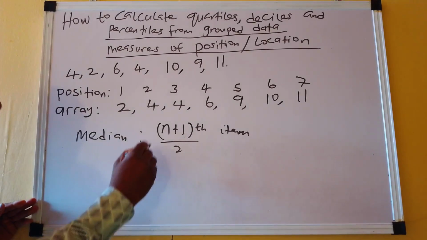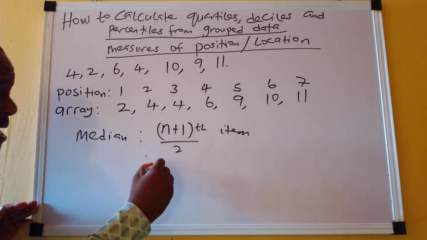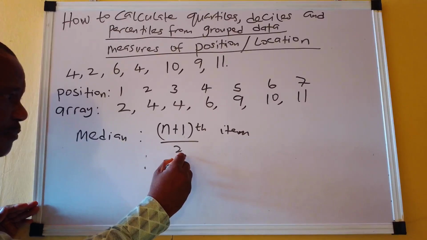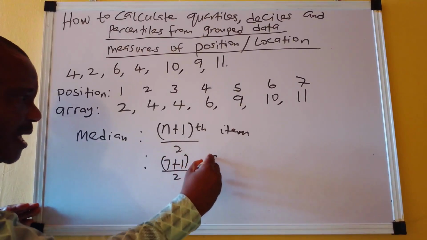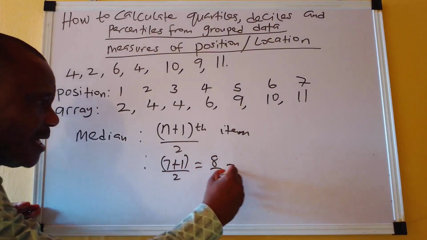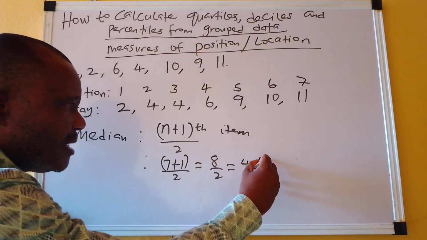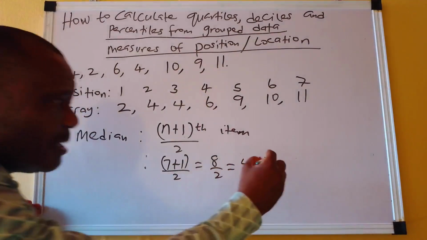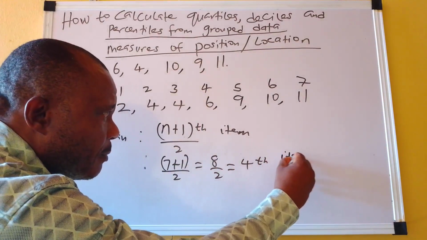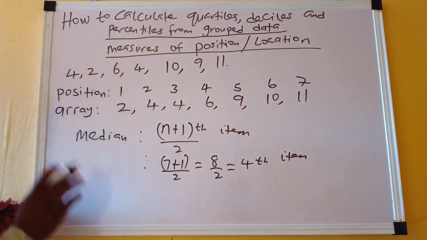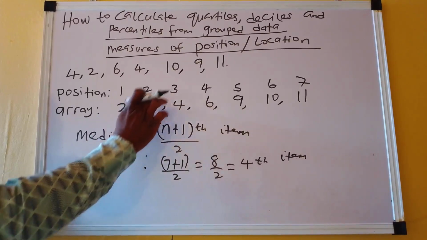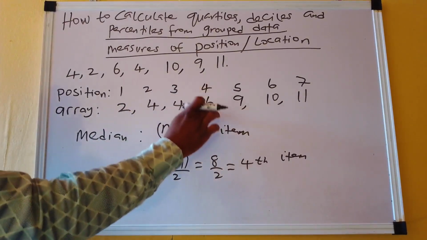So our n here is 7. We have 7 plus 1 all over 2, that is 8 over 2, which is 4. So the item in the fourth position will be the median. Let's count: this is the first item by position, the second, the third, the fourth item.